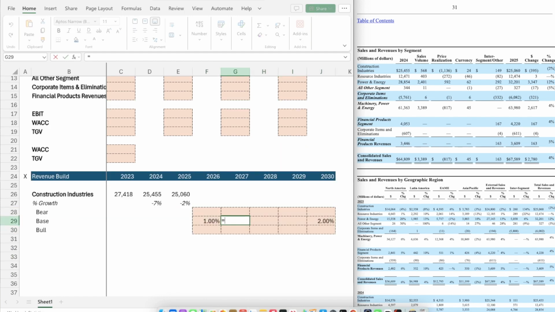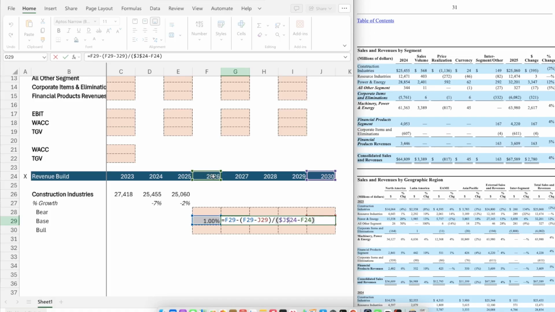Okay, so to calculate what we want to put here, we're going to take the previous year minus open brackets, the previous year minus the final year, divided by the final year minus the year that we're looking at, close bracket. Some of this we need to lock in. So 2030 will always be the same, so we lock this one.